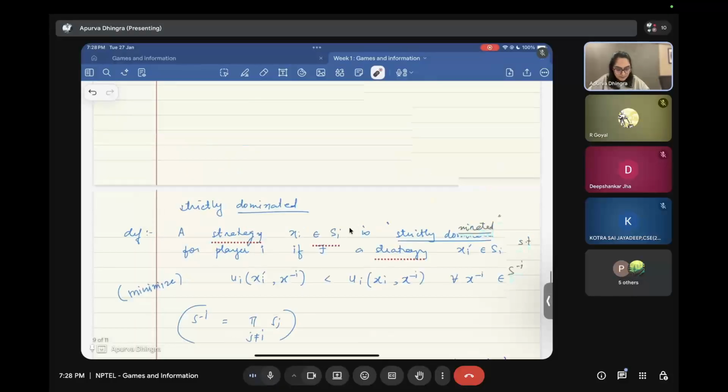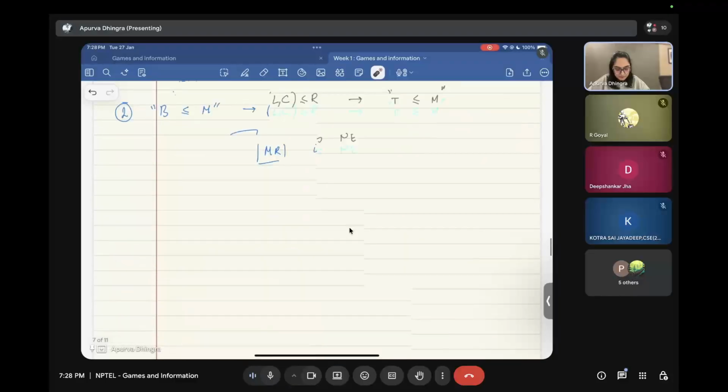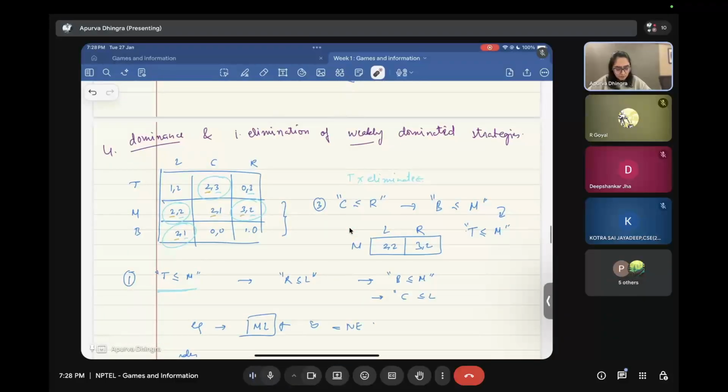That's why, when we were comparing C and R, we looked at the comparison of these two for one action taken by the other player. Then we looked at the other action, we looked at all of them, and only then did we manage to say that this is better, this is better, this is better.